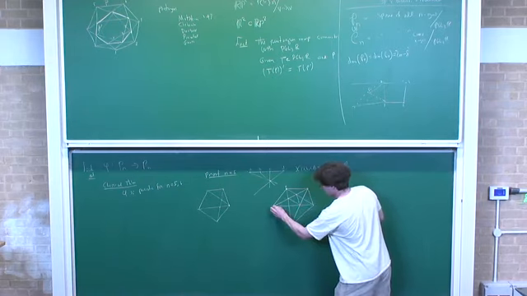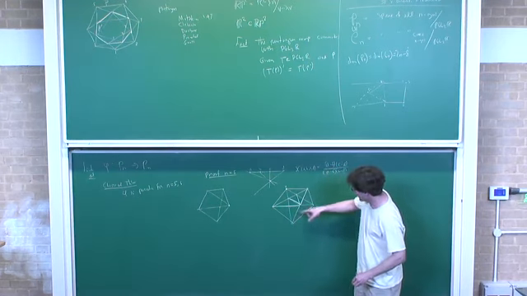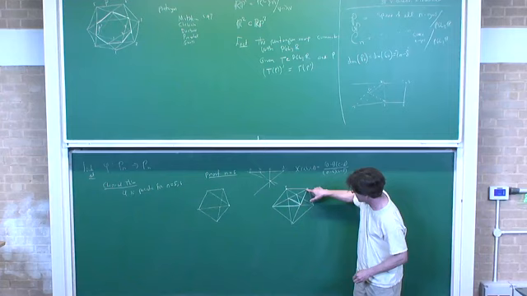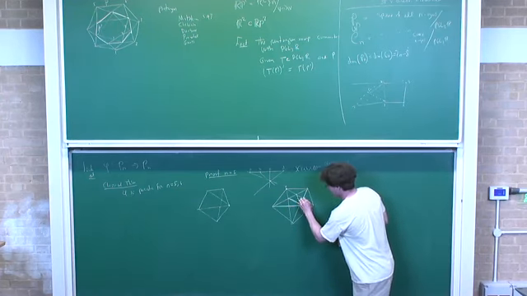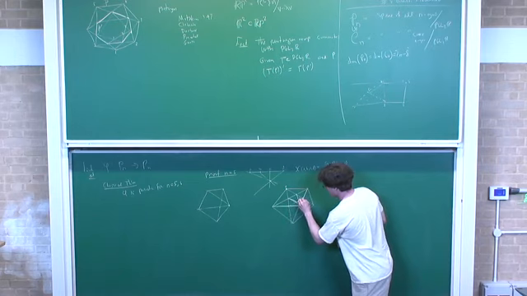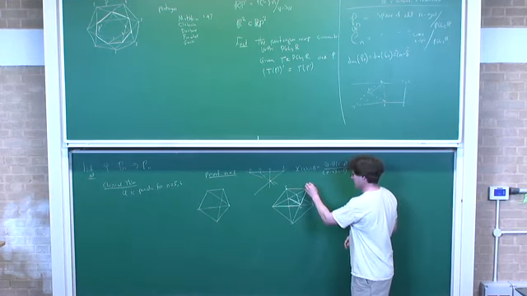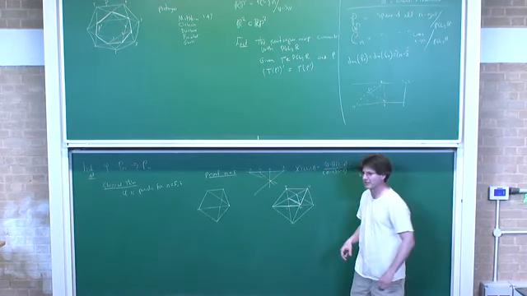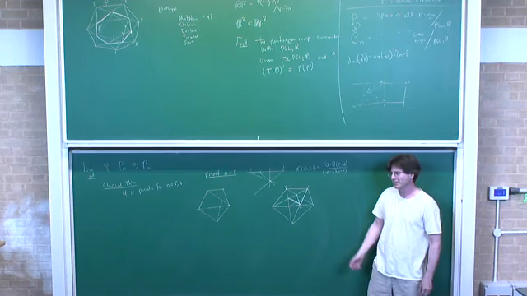So I'll draw it a little more darkly. So X is the cross ratio of these 4 points, but it's also the cross ratio of the slopes of these 4 lines, which is also the cross ratio of these 4 points. So this cross ratio is the same as this, and this one is the same as this. So the inner one has the same invariants as the outer one, and therefore it's projectively equivalent.